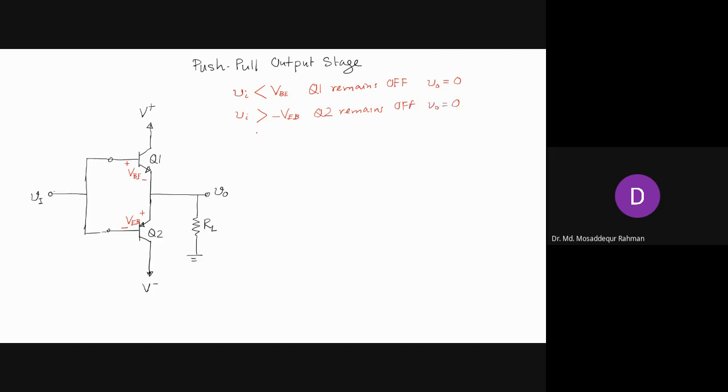So from these two, we can easily say that for Vi less than VBE and greater than minus VBE, we are considering the magnitude. So if Vi is less than VBE and greater than minus VBE, then V0 will remain 0, right?